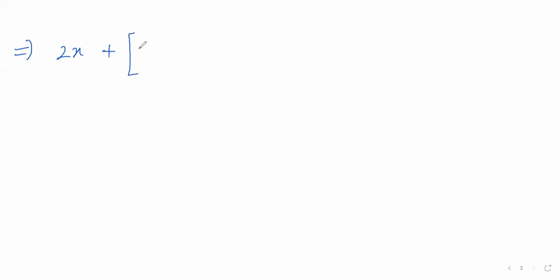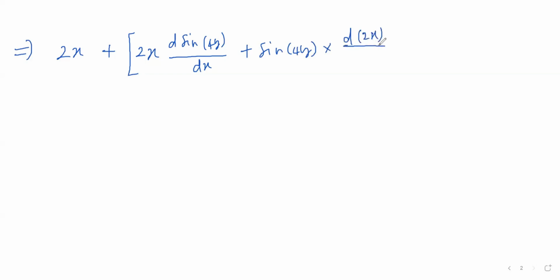So we have 2x multiplied by the derivative of sine of 4y with respect to x, plus sine of 4y multiplied by the derivative of 2x with respect to x.